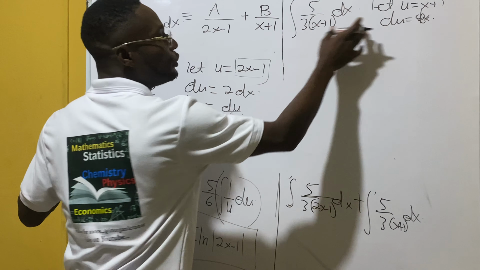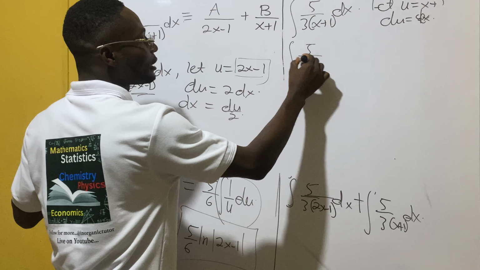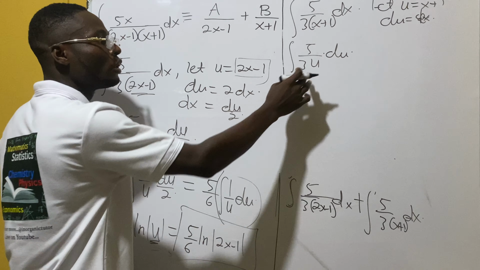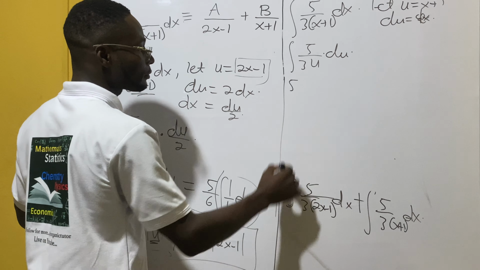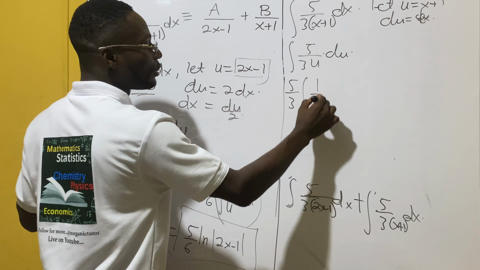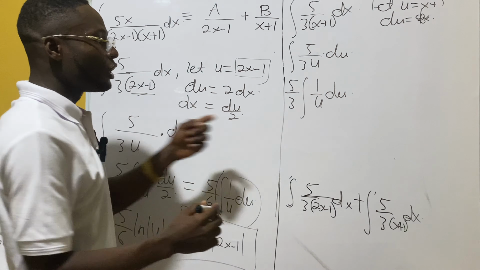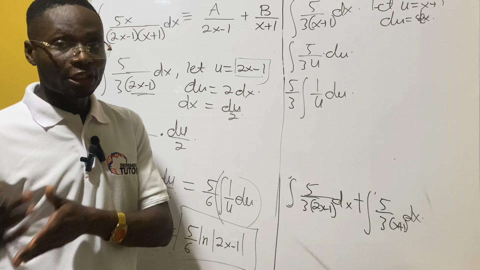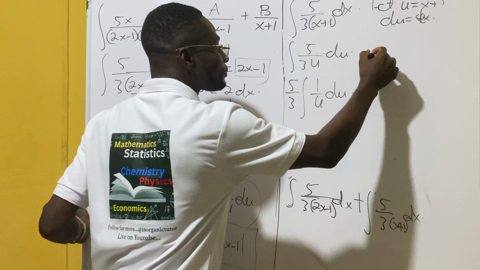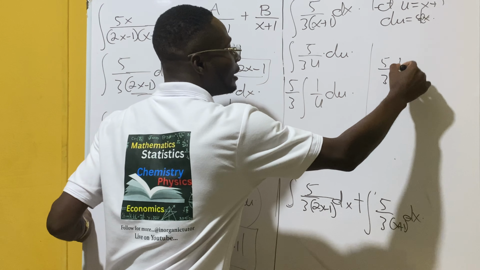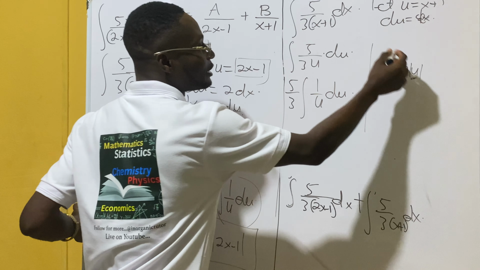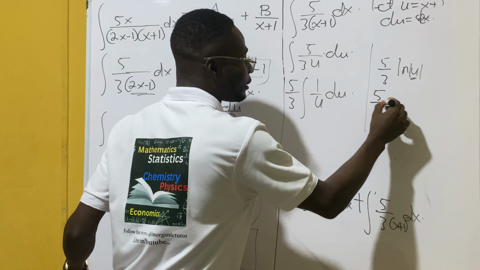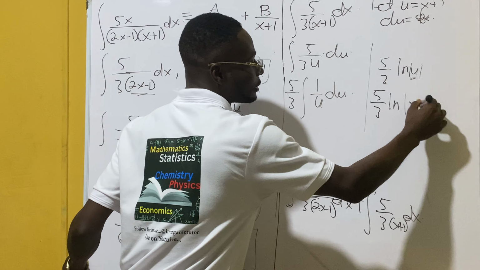We do the substitution, then we have 5 on 3, bring the 5 on 3 out, we have 1 on u du. We know that the integral of 1 on u du is ln u, so we're going to have 5 on 3 ln u. But we said that u is equal to x plus 1, so we have 5 on 3 ln of x plus 1.